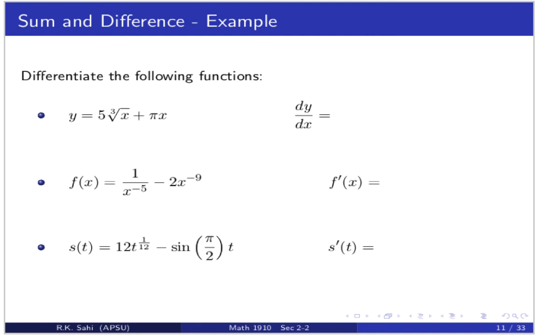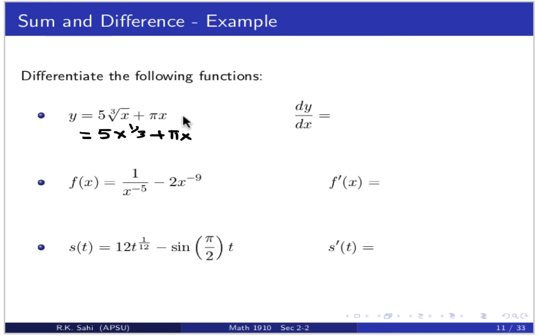Okay, so when I want to find the differential of these three functions here, the first one is 5 times cube root of x plus pi x. Now remember, before we apply the differentials, make sure you write it in the proper form. So it is 5x to the power 1/3 plus pi x. Remember, pi is a constant.